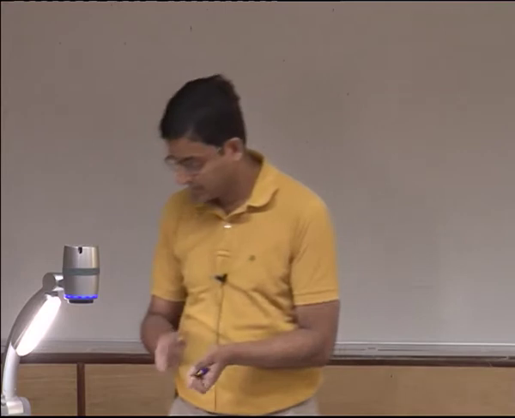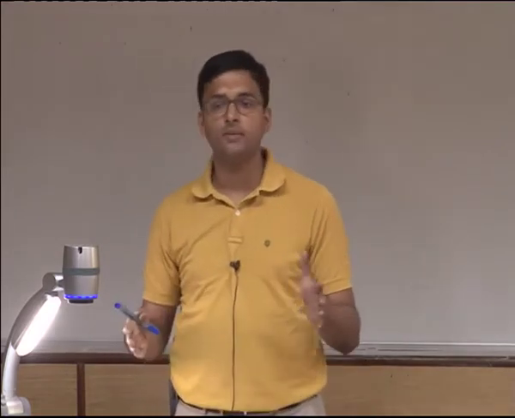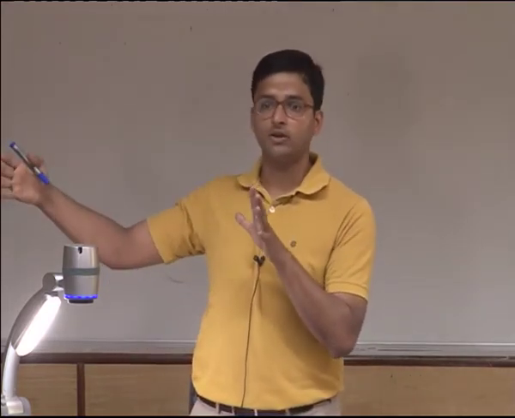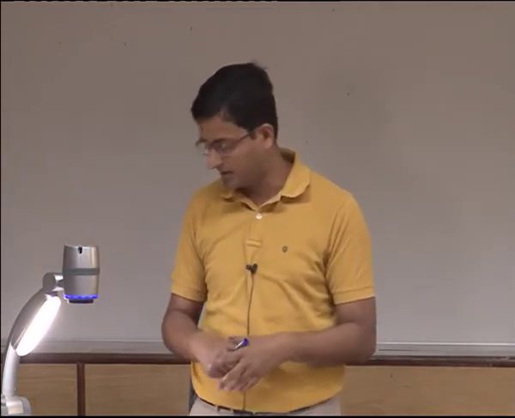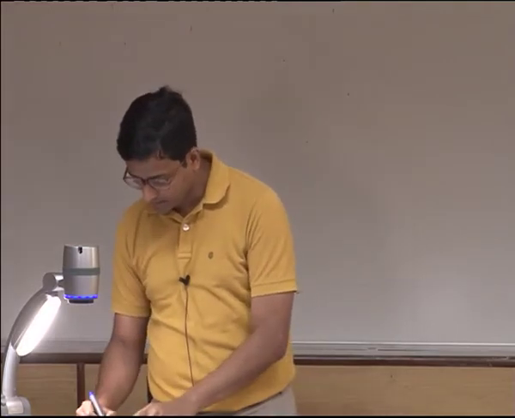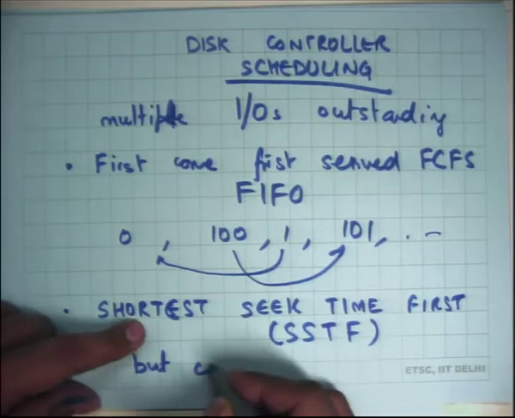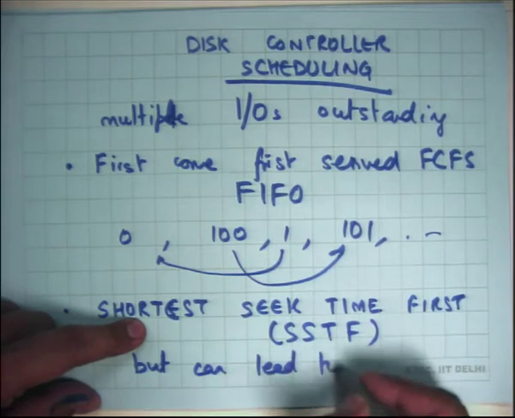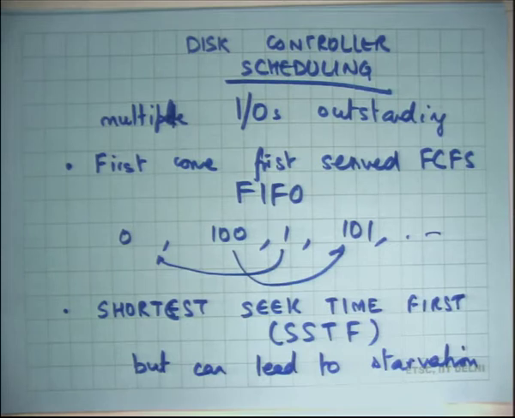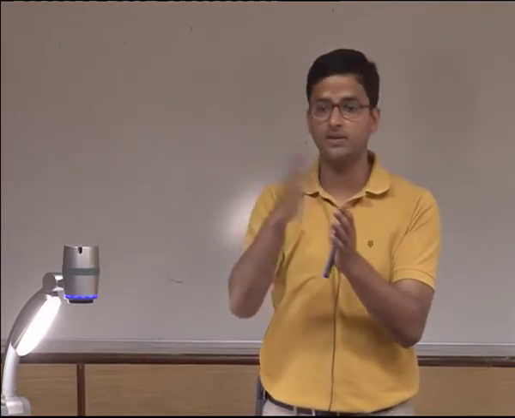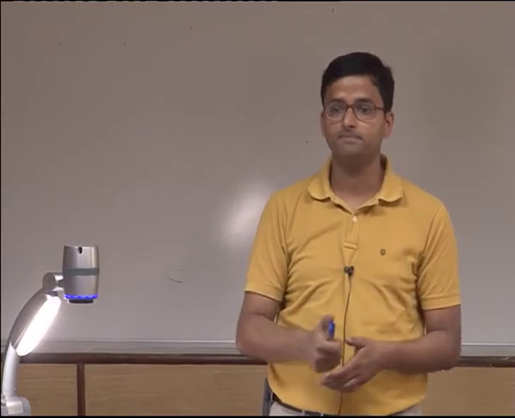So if there are lots of requests outstanding in the queue, you can get significant optimizations here. This is good, but can lead to starvation. What can happen is that lots of requests keep coming for 0, 1, 0, 1, and then there's an outstanding request for 100, which will never get served because the shortest is basically always between 0 and 1.